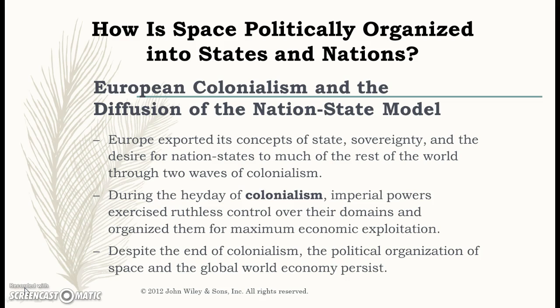So their goal, and we talked about this in the last lecture, is to take resources out of the colonies, manufacture them and turn them into finished products at home, and then send them back to the colonies and sell them. This manages to serve two functions.